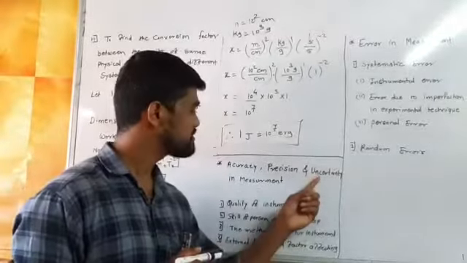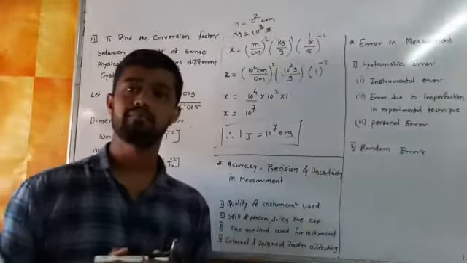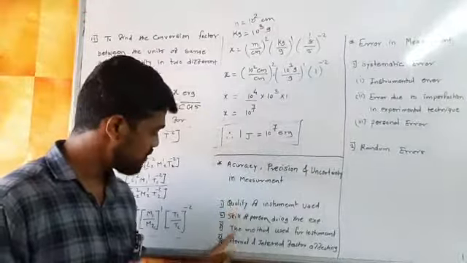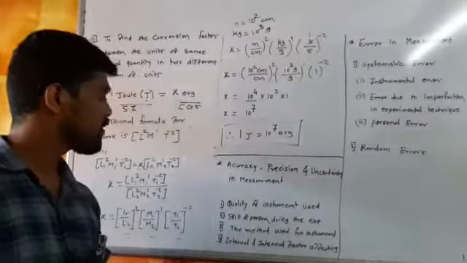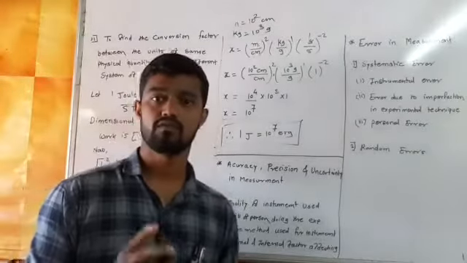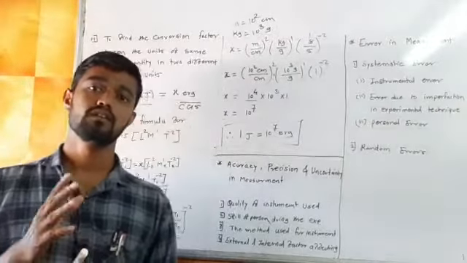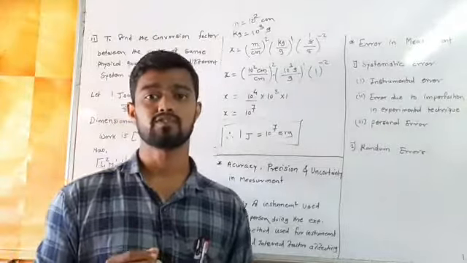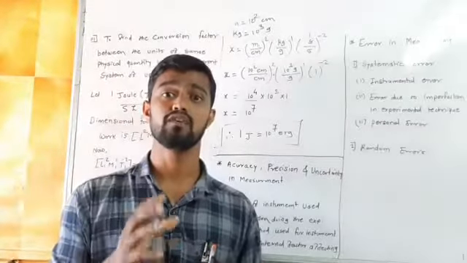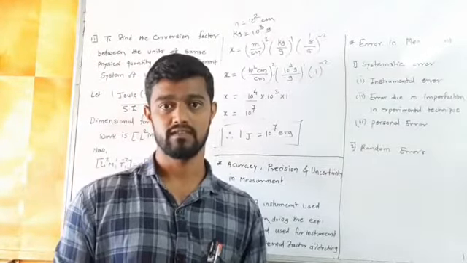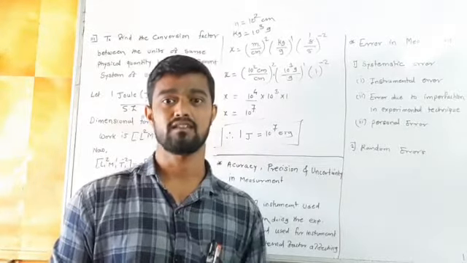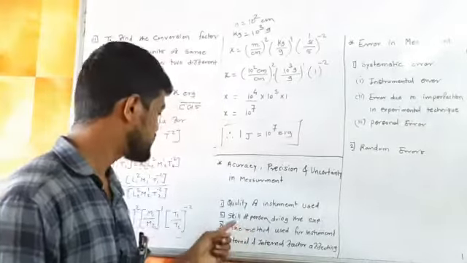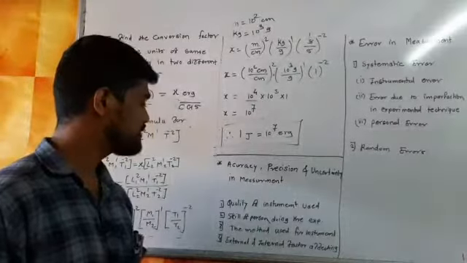And the third one, uncertainty in measurement, depends on these four factors. First is the quality of the instrument used, meaning the instrument we use to measure a quantity should be of best quality. Next, the skill of the person doing the experiment.